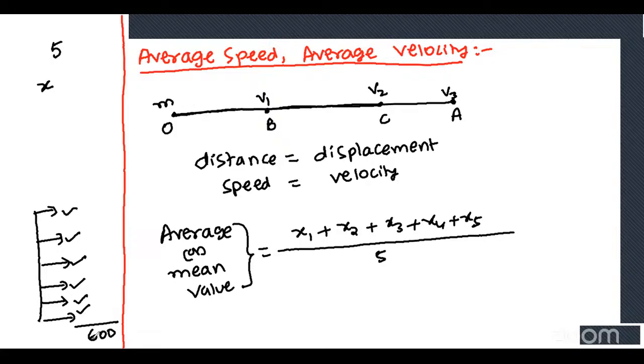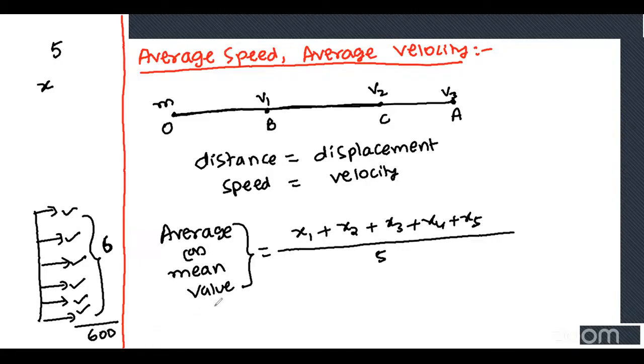Now I want to find your average mark in each subject, so I will add these 6 subjects' marks and divide by the number of subjects, that is 6. In some subjects your marks may be greater than your average mark, and in some subjects maybe less.